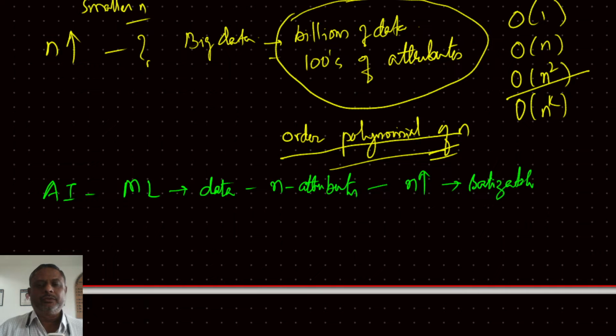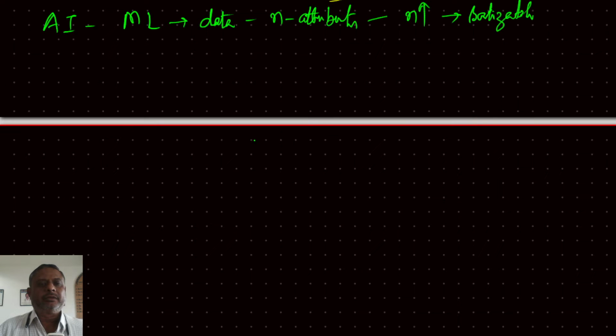So how to do it? Yes, we need to find some way out. So what is the way out?